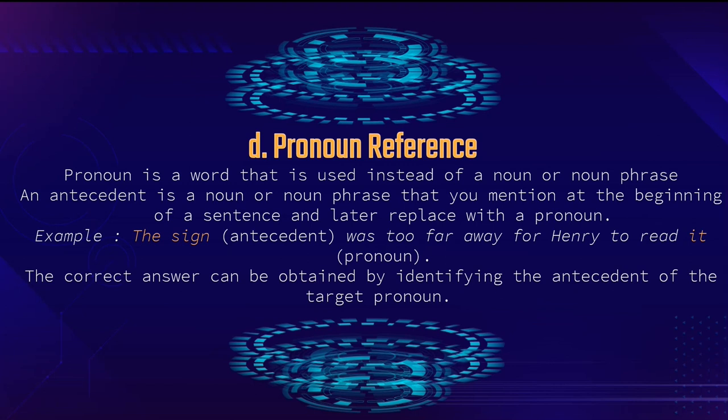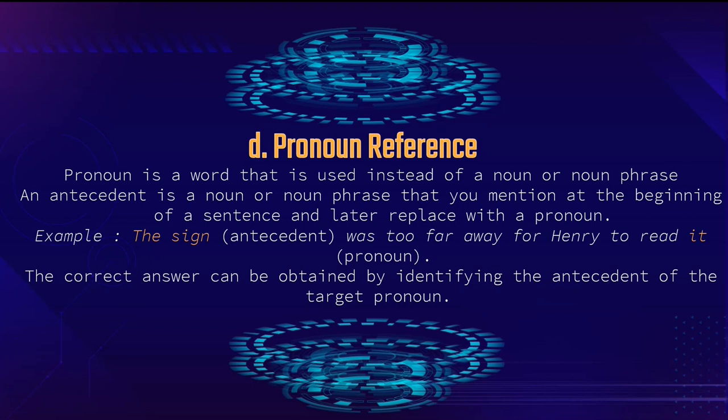The next type of question I'll be talking about is pronoun reference. A pronoun is a word that is used instead of a noun or a noun phrase. An antecedent is a noun or a noun phrase that you mention at the beginning of a sentence and later replace with a pronoun.